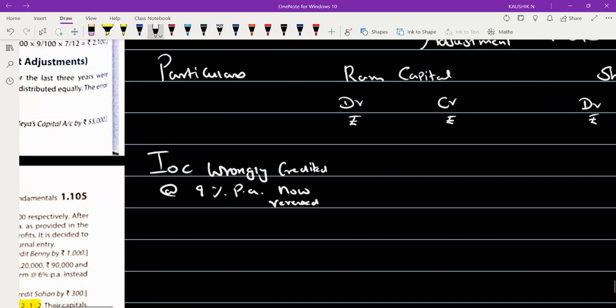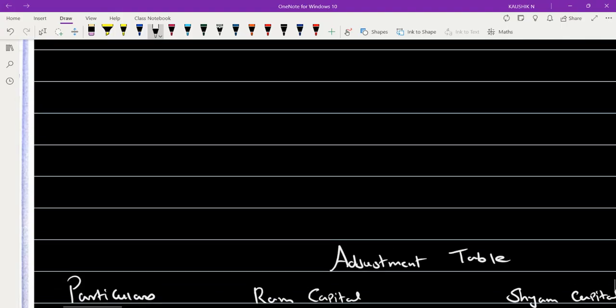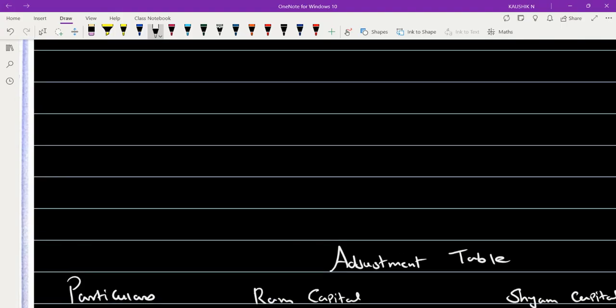So you calculate 9 percentage on each of these partners' capital, and you'll derive the value. Calculate and tell me the values.